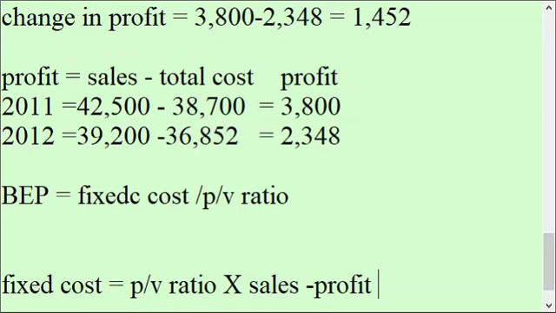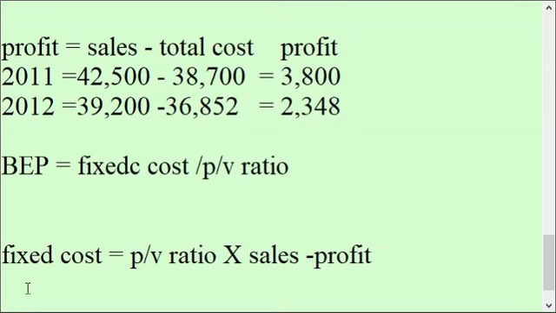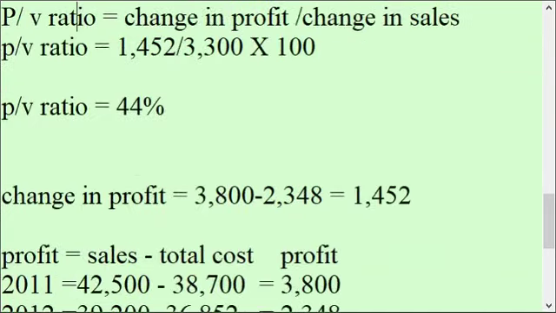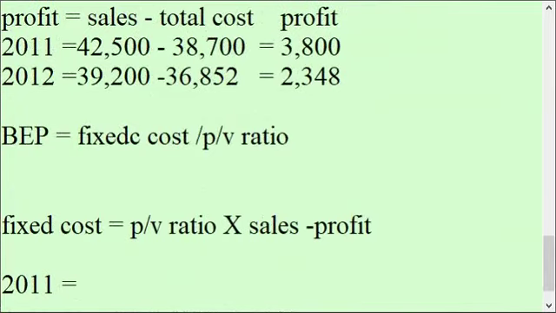Okay, so PV ratio for 2011, we take both the years. PV ratio is 44%, just now we have calculated. So fixed cost is 44% into sales.